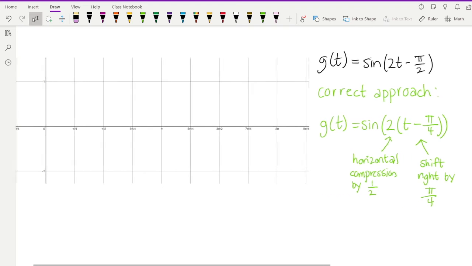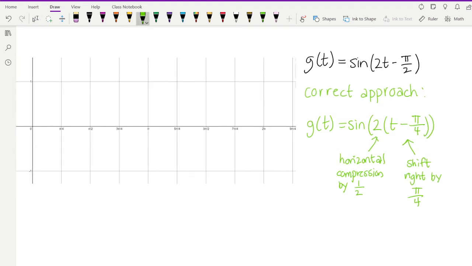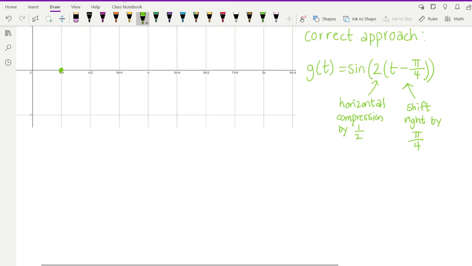Okay, so now we're ready to actually sketch this graph. So we're going to shift it to the right by pi over 4, meaning that instead of the cycle starting at 0, it's going to start at pi over 4. We know that the period, maybe let's write that down, the period is going to be pi, right? So where am I getting that? I'm doing 2 pi divided by 2.